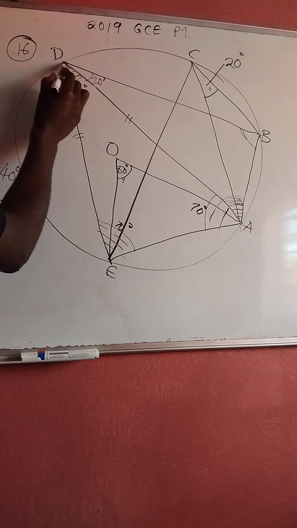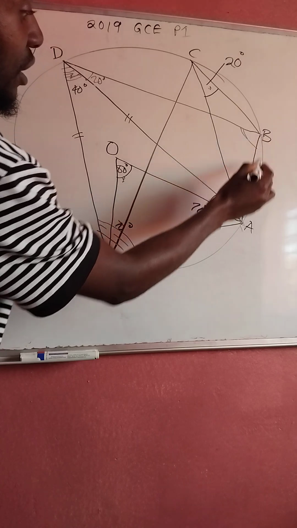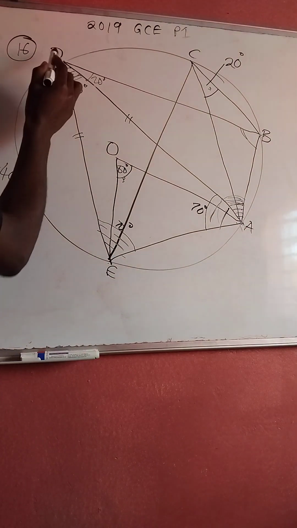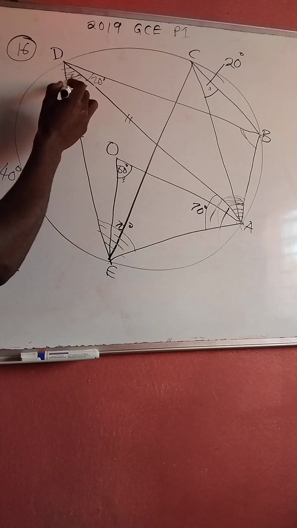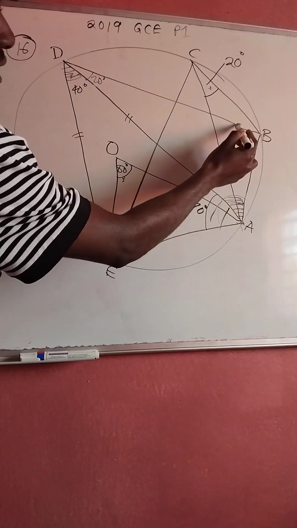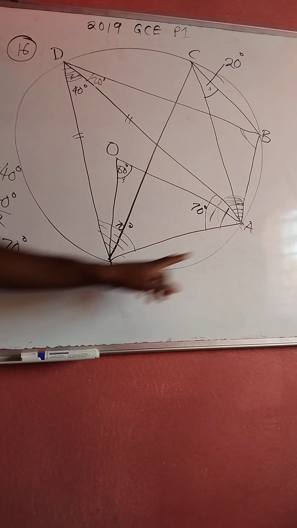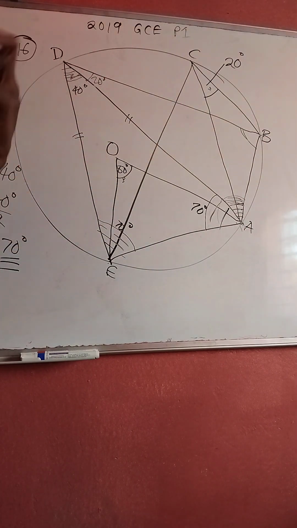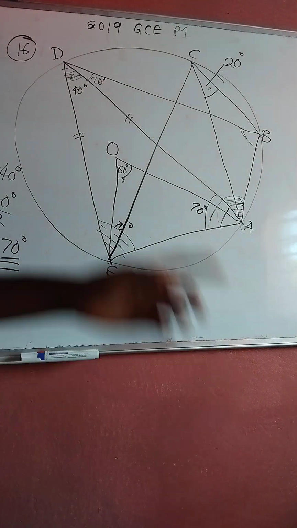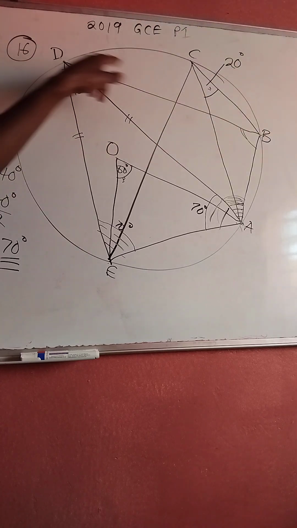Follow this line, D to B, B to A, A to E, and E to D. These angles are all on the circumference of the circle, all touching. So there's that property: cyclic quadrilateral. It has four sides touching the circle.